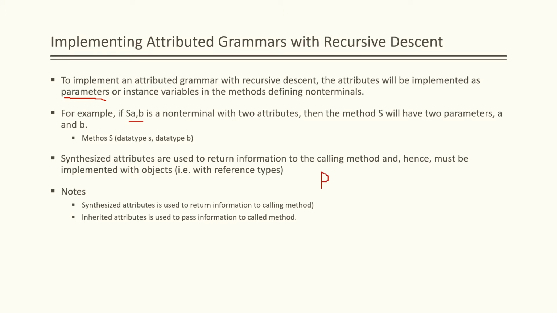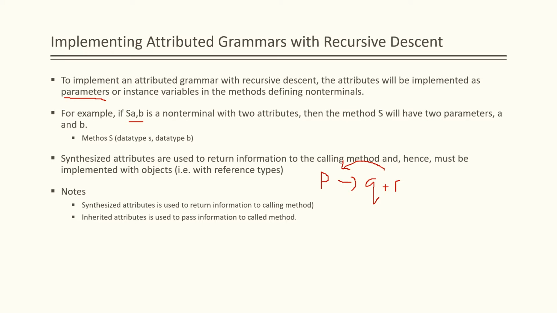Let's say I have P goes to Q plus R. This means I have two pieces of information, Q and R. The addition, the total value, I will assign to P. So this is synthesized. This means returning the information.